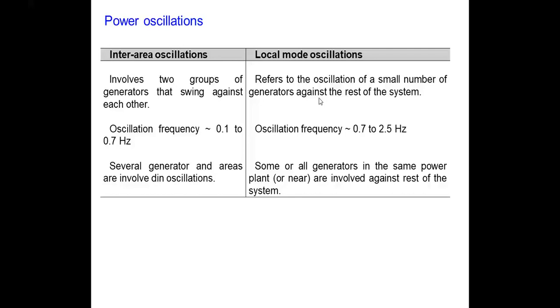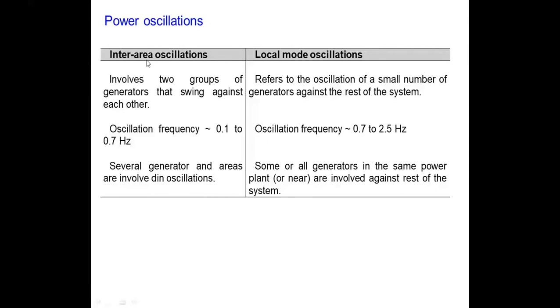These generators in the two different power plants, which are closely located, may have the local mode of oscillation, against the rest of the system. And in this case, the oscillating frequency is much higher comparatively. So here you have some or all the generators in the same power plant or nearby being involved against the rest of the system.